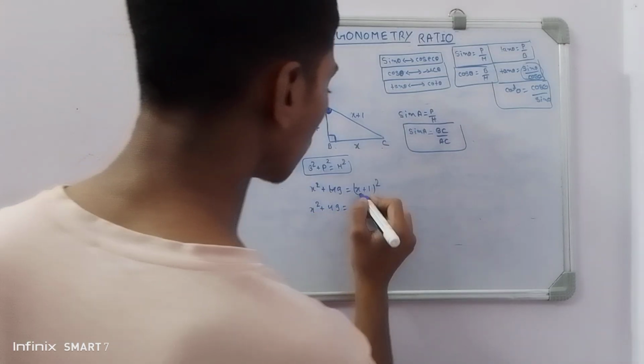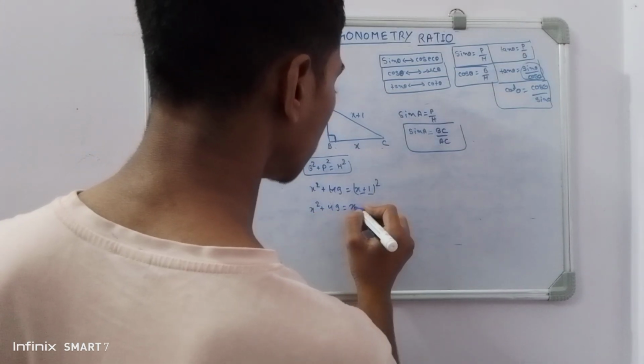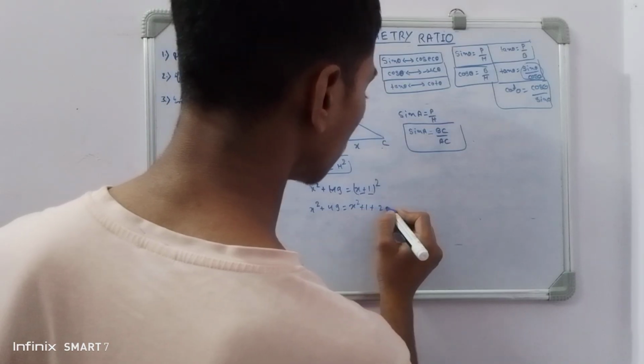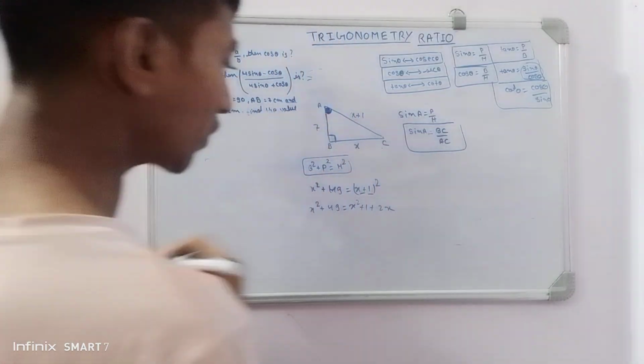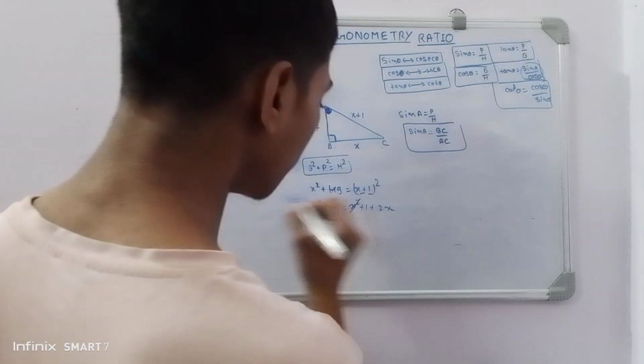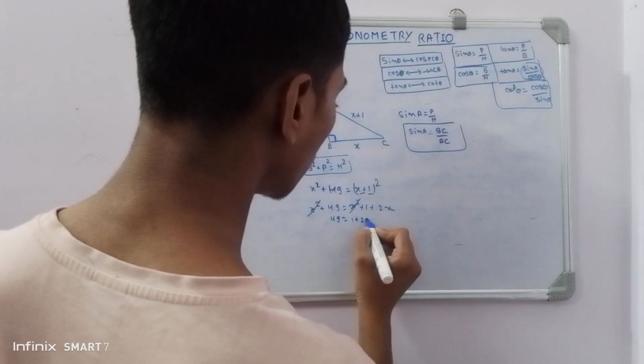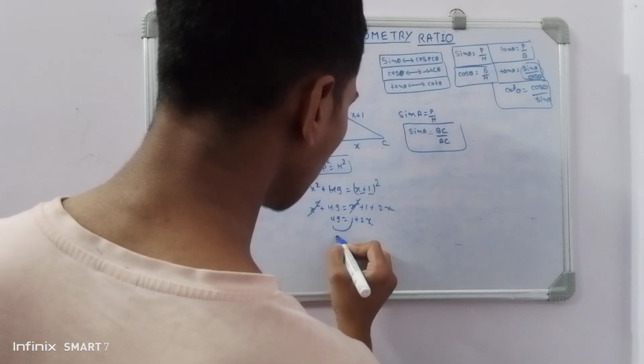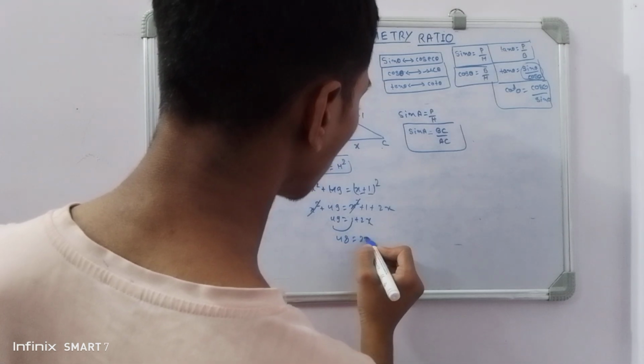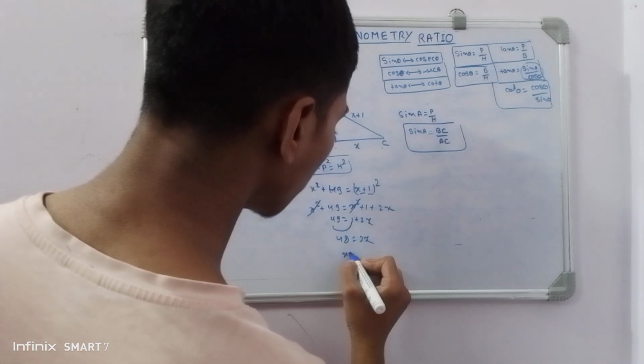As you know, (a plus b) whole square gives x square plus 1 plus 2x. Now x square will cancel out, and 49 is equal to 1 plus 2x, so 48 is equal to 2x. So x is going to be 24.